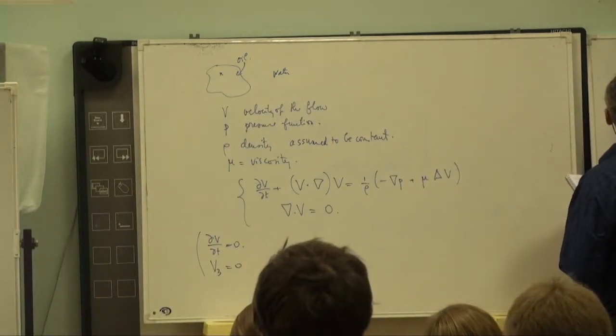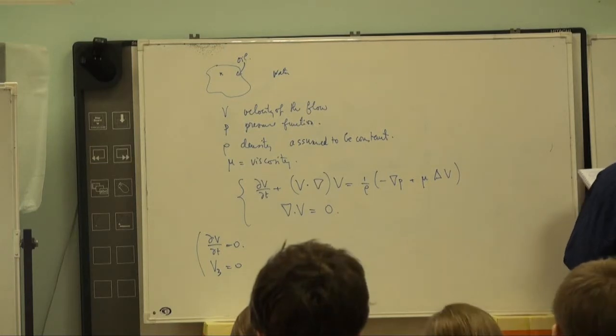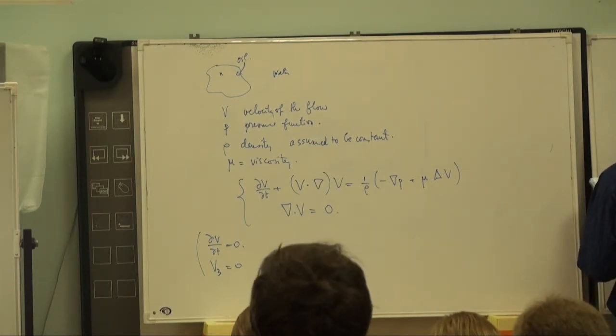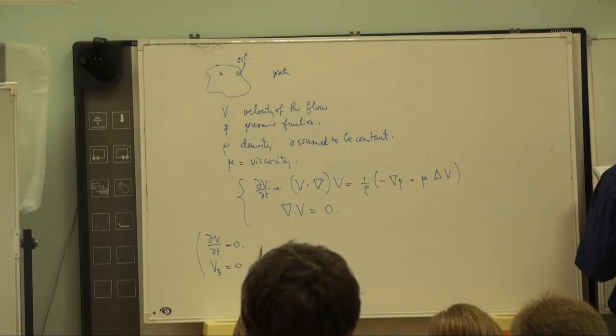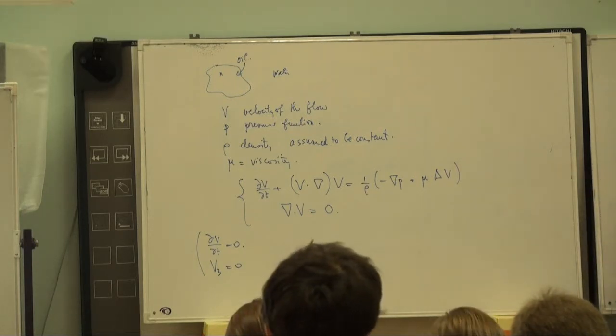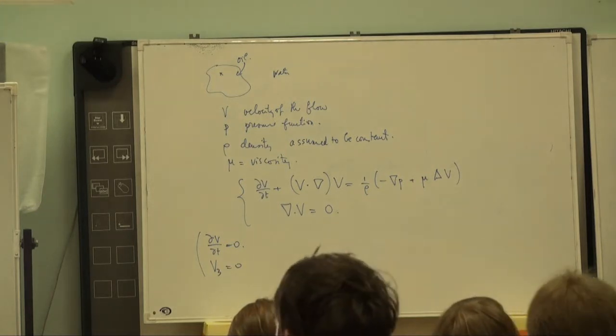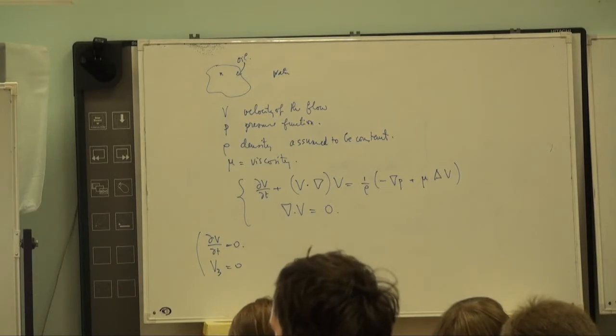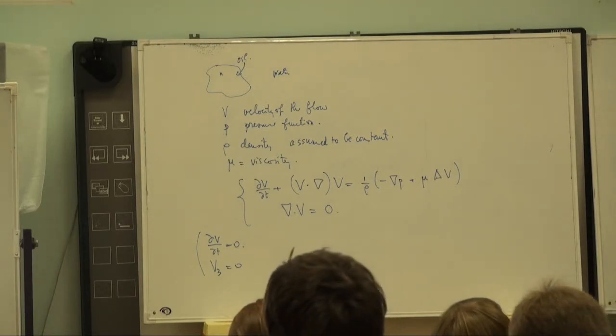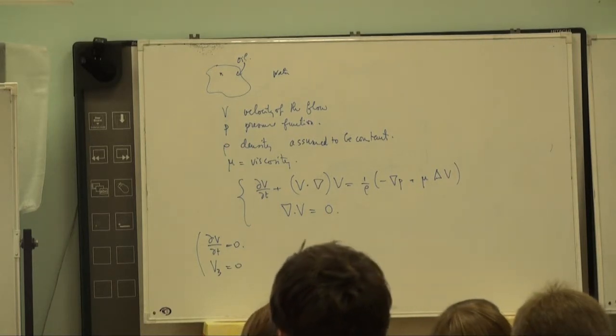So we have v1 d over dx1 plus v2 d over dx2 of v1 is equal to minus 1 over rho dp over dx1 plus mu over rho Laplacian of v1.